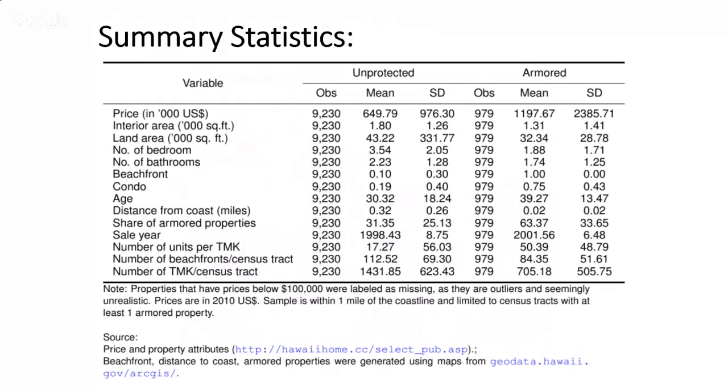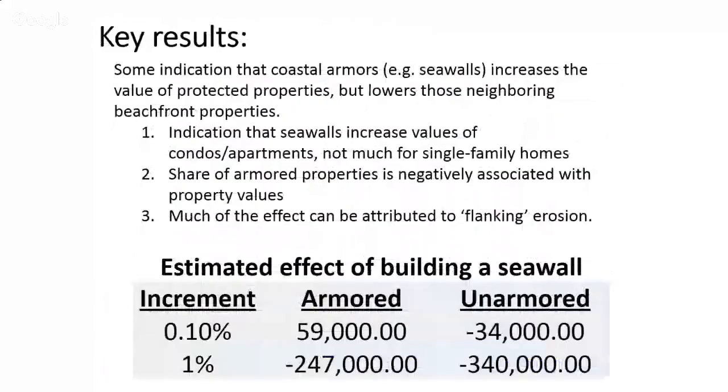And then you also have the number of TMK or number of units in a particular census tract to take into account differences in neighborhoods. Okay, because you would expect that different neighborhoods would have different valuations of properties.